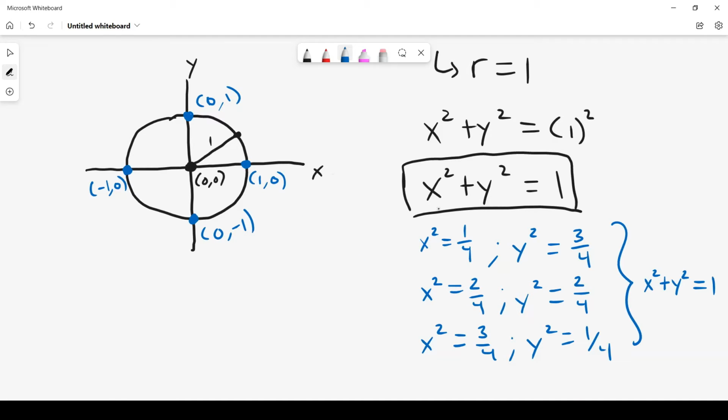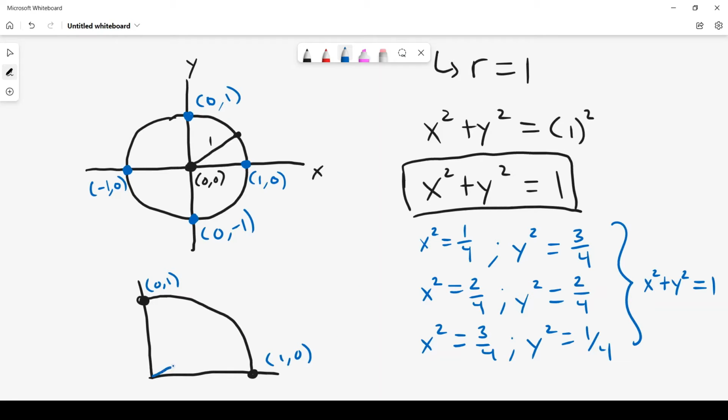And so with these values, we can just look at the first quadrant here. So I'm simplifying this unit circle just to the first quadrant, in which you have 0, 1 right here, and you have 1, 0 right here.